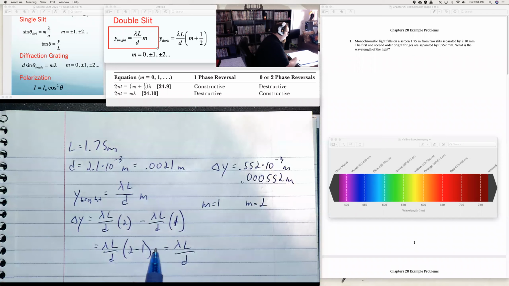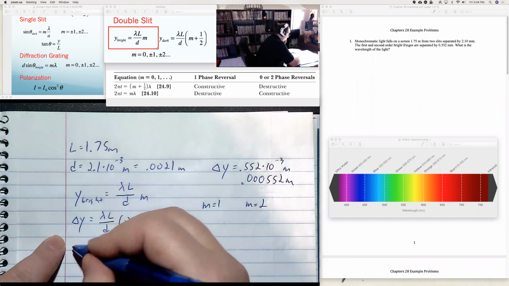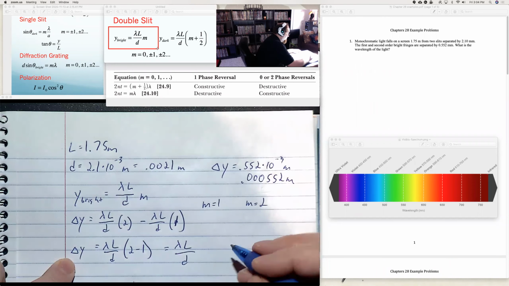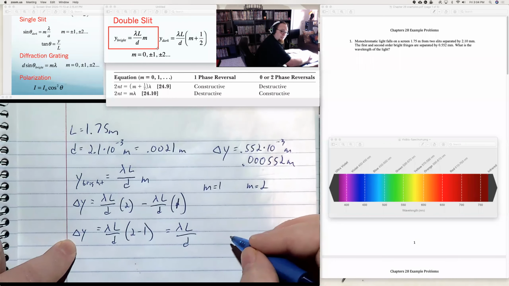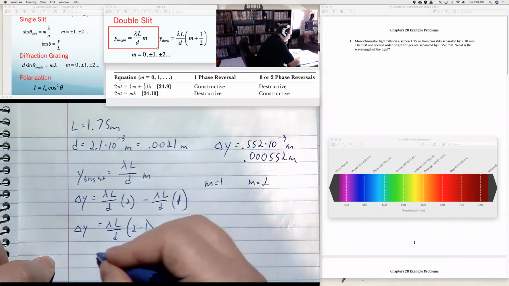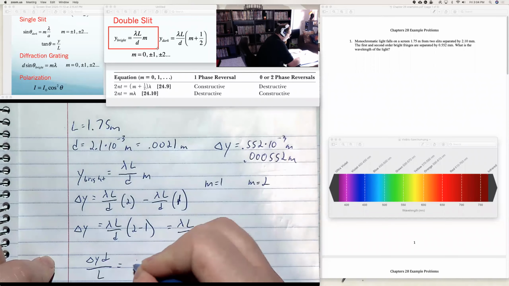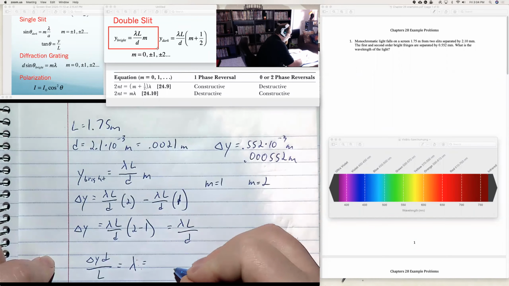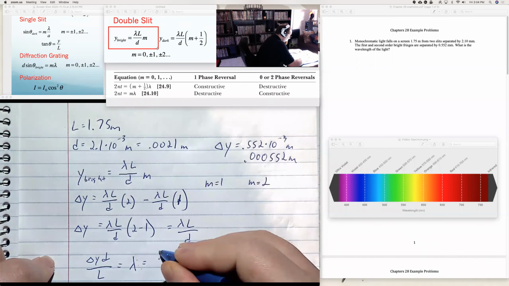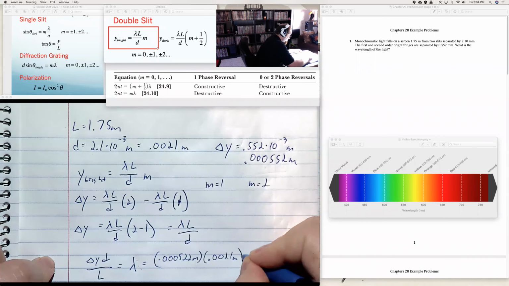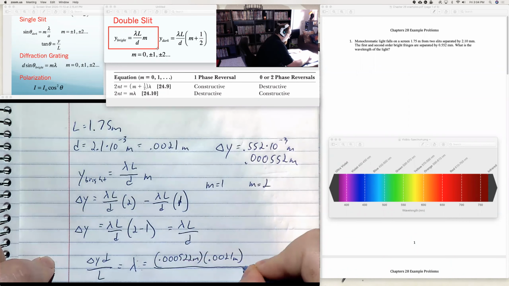So I'm going to take this and just rearrange. If delta y equals lambda L over D, if I want to get lambda, I'll multiply both sides by D, and I'll divide both sides by L. And I'll get the wavelength would be the distance between the bright spots, 0.000552 meters, times the space between the slits, 0.0021 meters, over the distance away, 1.75 meters.